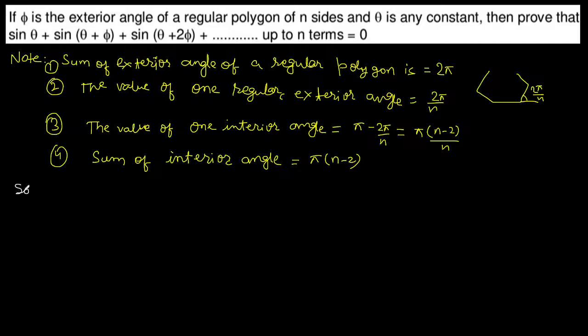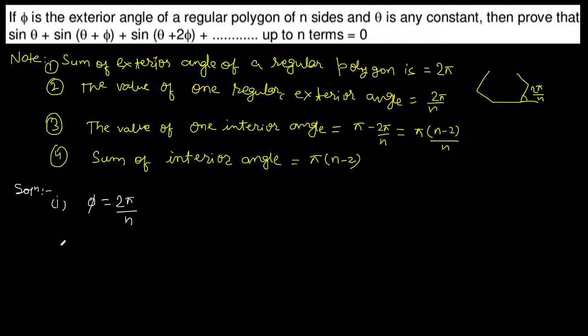So now we have some solution. We are told that phi is the exterior angle of a regular polygon of n sides. So phi is 2 pi by n and theta is constant.